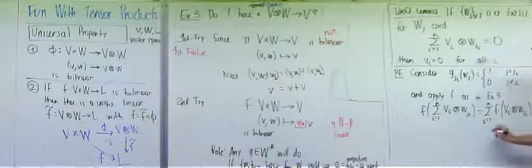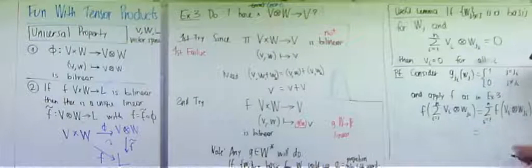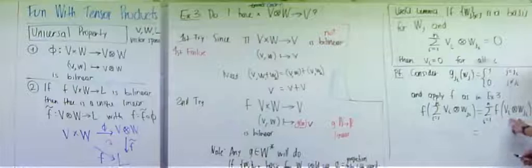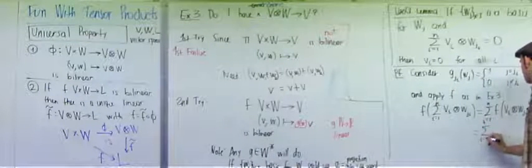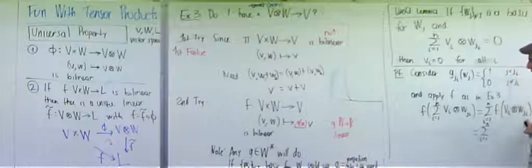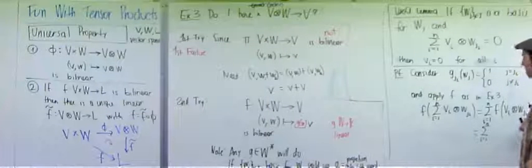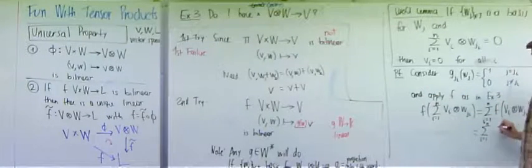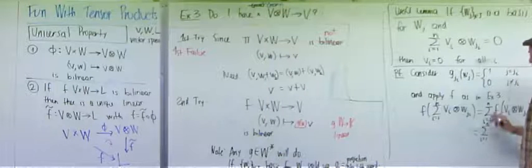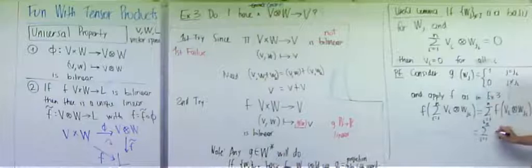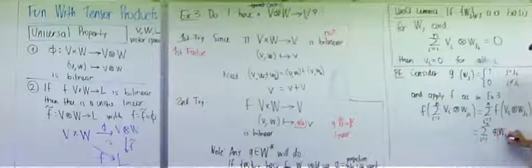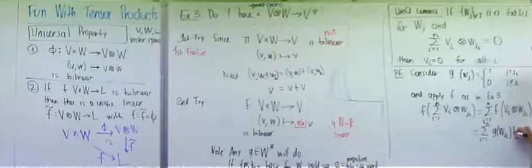Let's write it all out. f of v_i tensor w_{j_i}: I get, with too many subscripts, I'm just going to write g here, g of w_{j_i} times f of v_i.